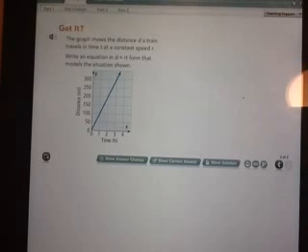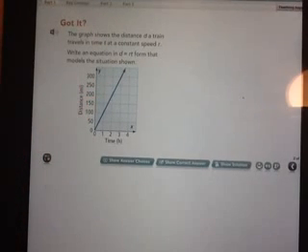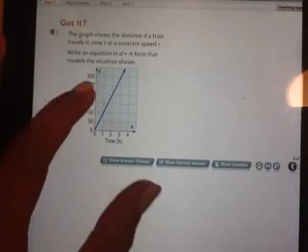The graph shows the distance D a train travels in time T at a constant speed R. Write an equation in D equals RT form that models the situation shown. So basically here I'm just trying to find the unit rate. I'm going to see where this line crosses at 2 points exactly, and I see it going through my first point of distance at 100 miles and time at 1 hour.